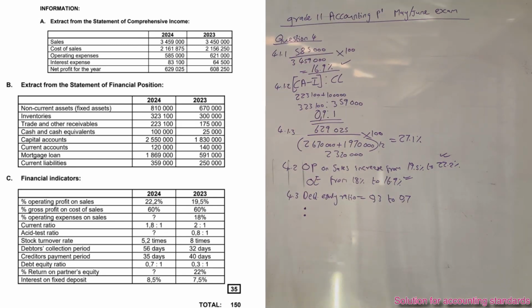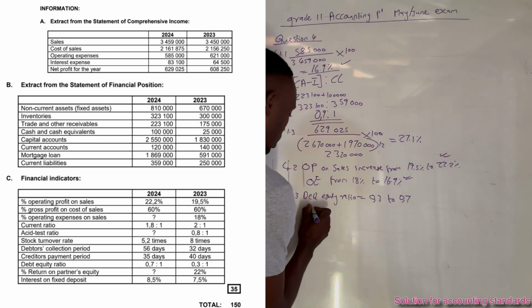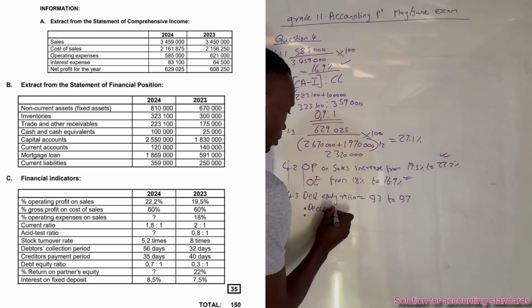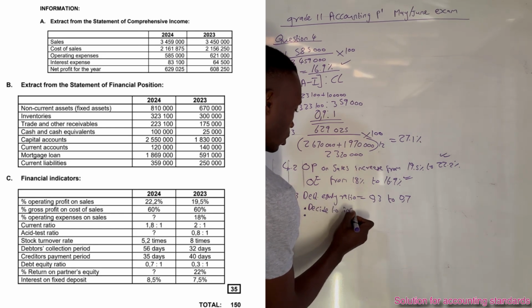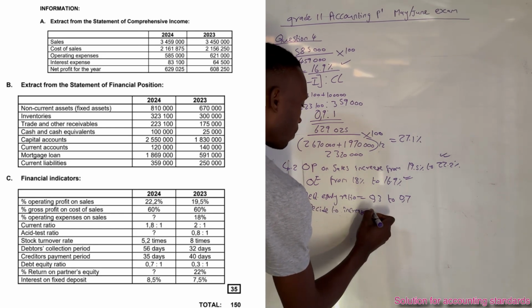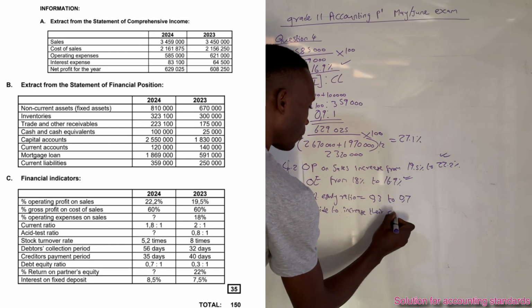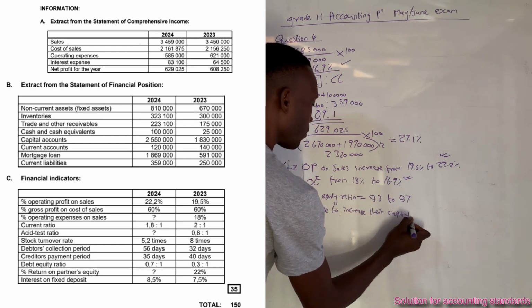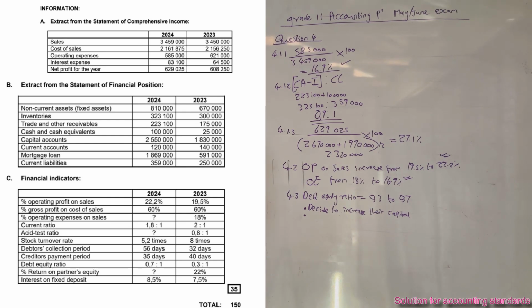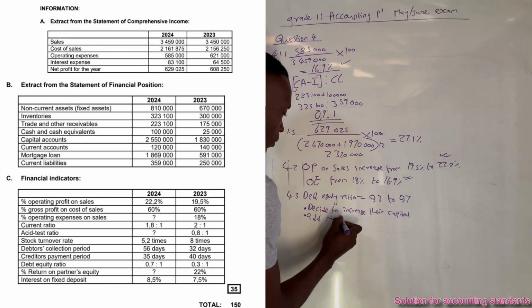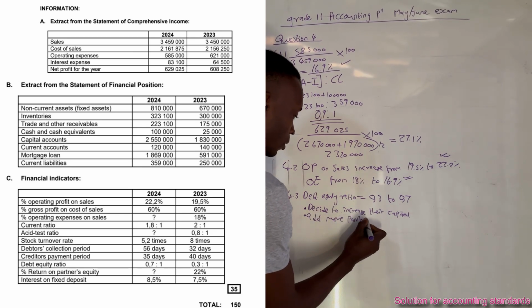Number one, they can decide to increase their capital. If they have funds, they can just increase the capital on their own. Okay, they can also add more partners.